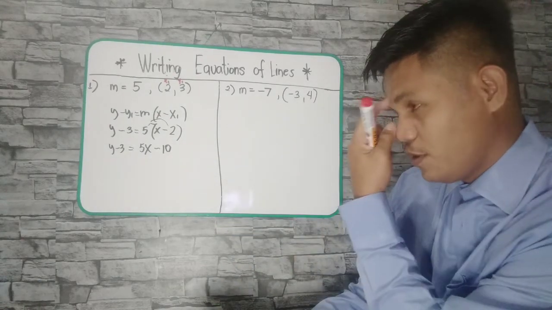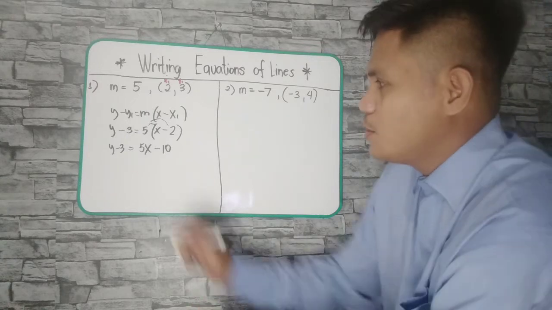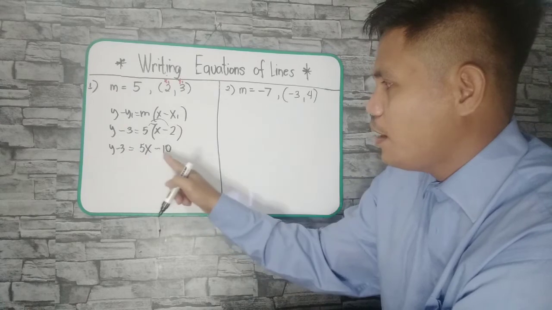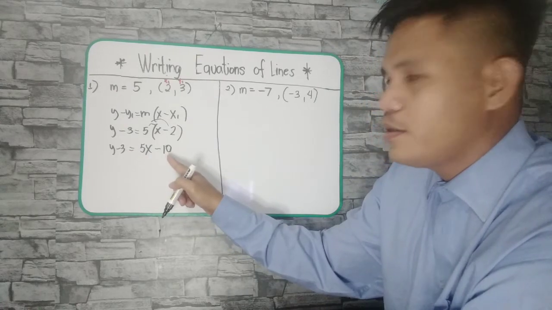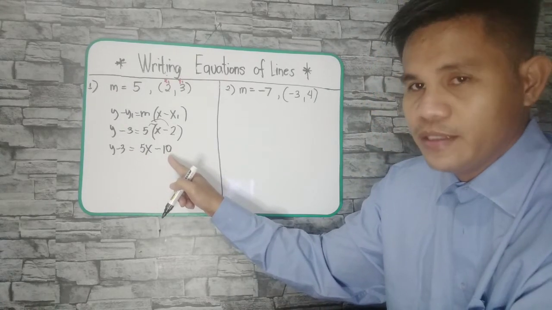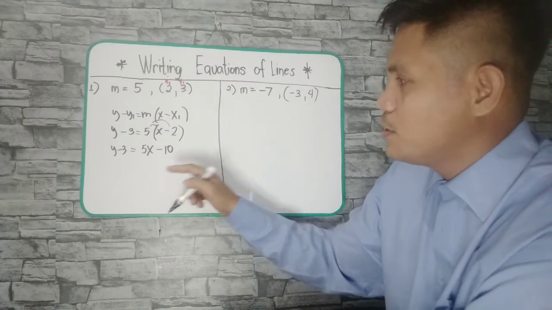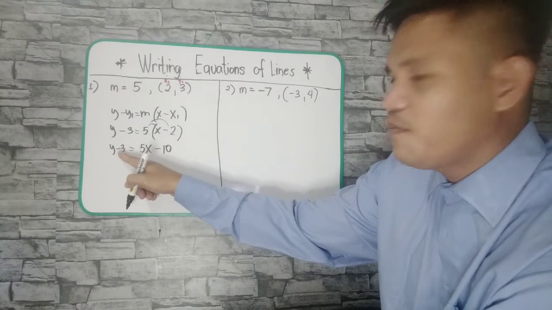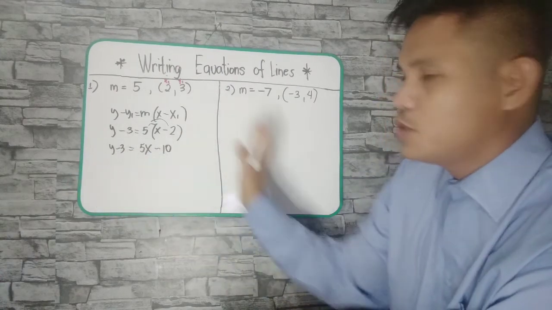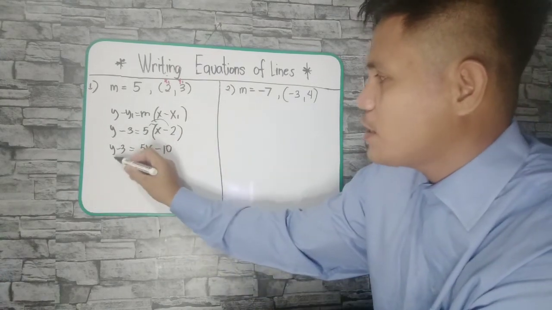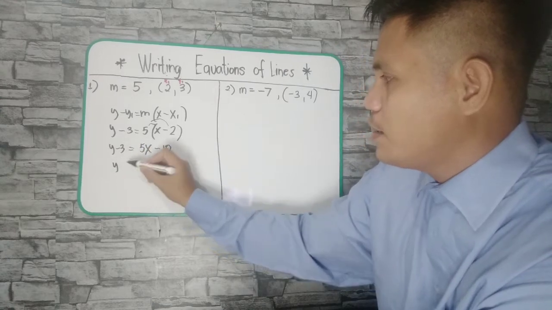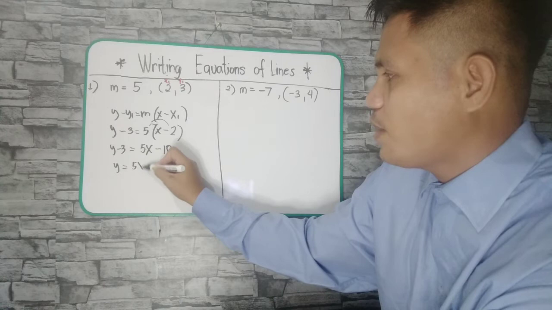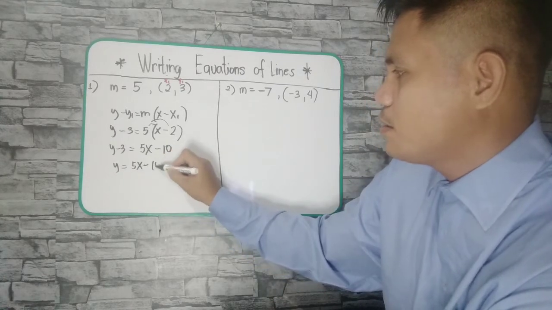So we're almost done. But we have a constant number here, negative 3, and a constant number here, negative 10. All we have to do is combine them because they are like terms. So how are we going to combine them? All you have to do is transpose negative 3 from the left side to the right side. Copy y, then the equal symbol and 5x minus 10.